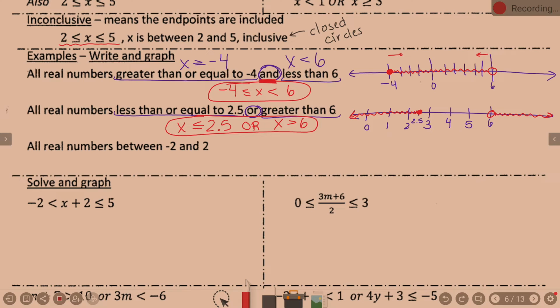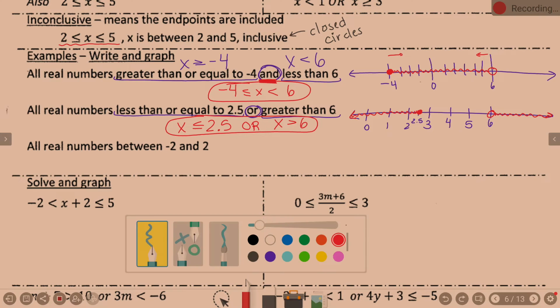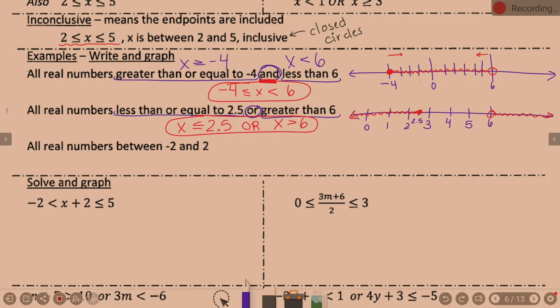Now, one more. I'm going to look at the graph on this one first, I think. All real numbers between -2 and 2.